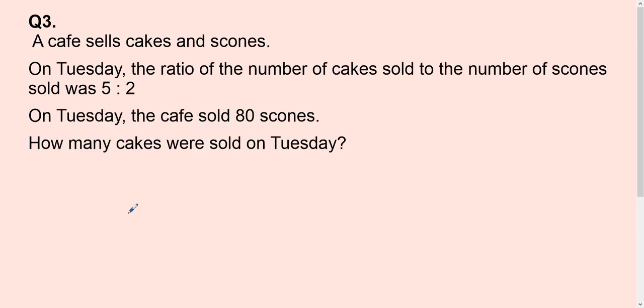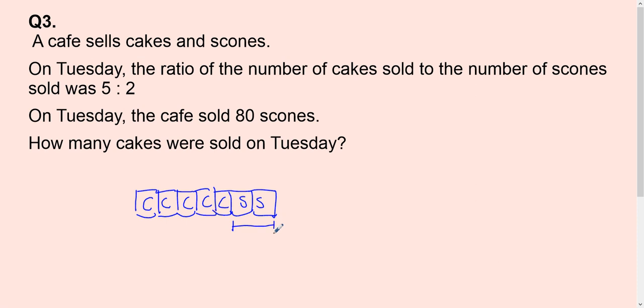For question 3, we've got the ratio is 5 to 2, so I'm going to draw a bar diagram. 5 to 2, so 5 boxes for cakes, 2 boxes for scones, and the cafe has sold 80 scones, so we know that this end bit is 80. Well, one of those boxes, I'd do 80 divided by 2, so one of those boxes is 40.